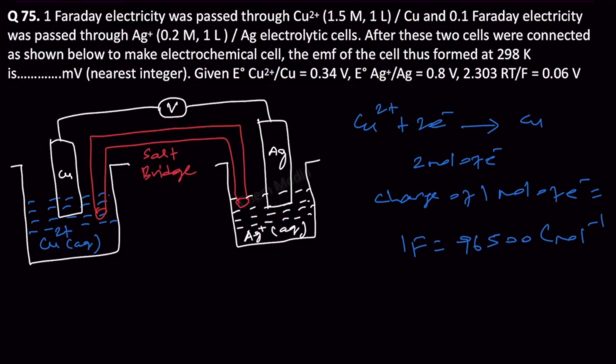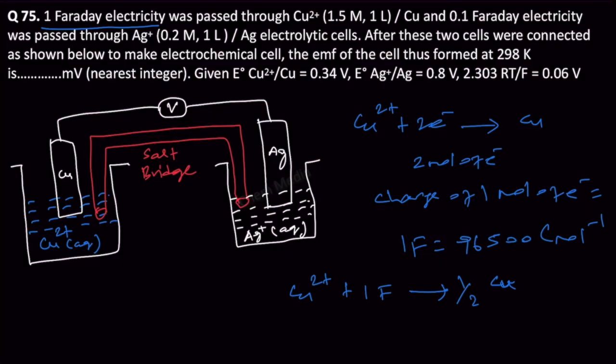But do we have 2 Faraday here? No, we have only 1 Faraday of electricity. So how much would get converted? Only half a mole, isn't it? If we have 2 Faraday of electricity, then we can get 1 mole of copper. But we have only 1 Faraday of electricity. So with that, we can get only half a mole of Cu, isn't it?